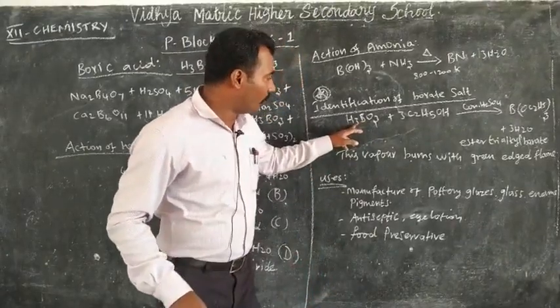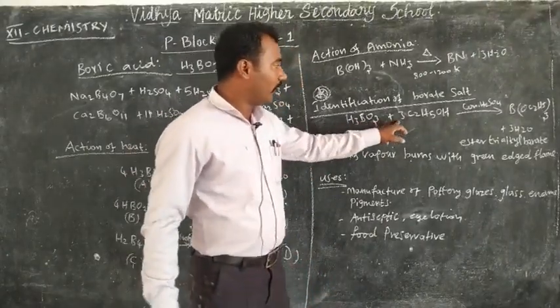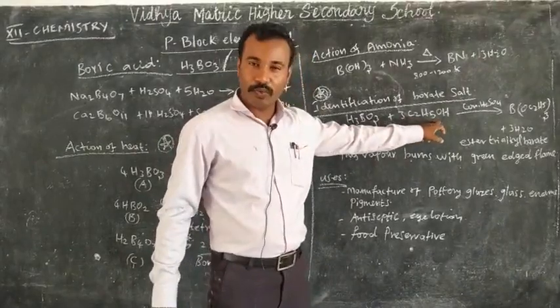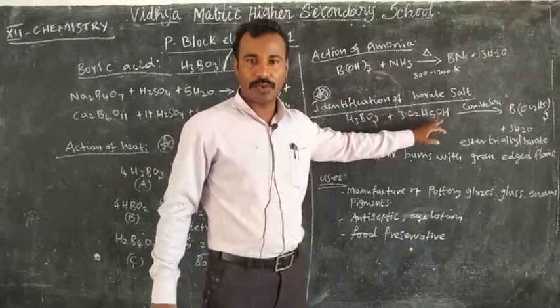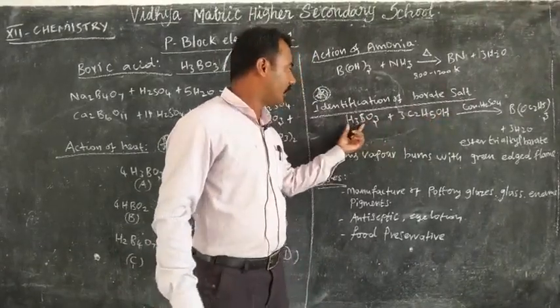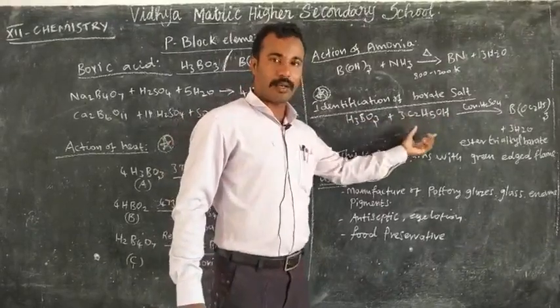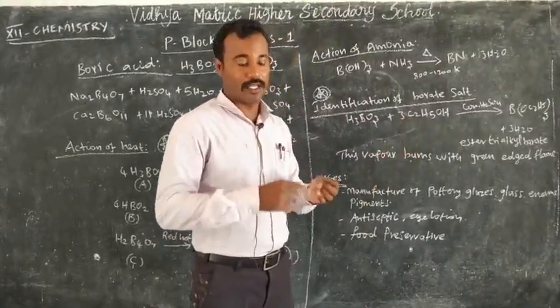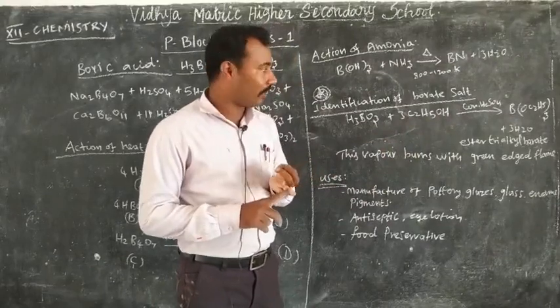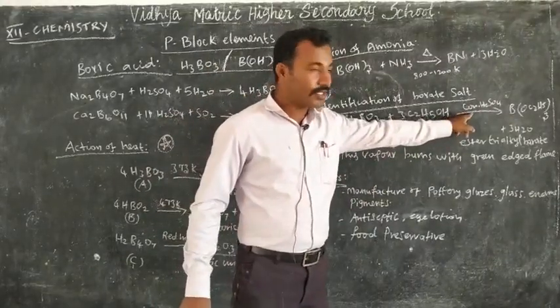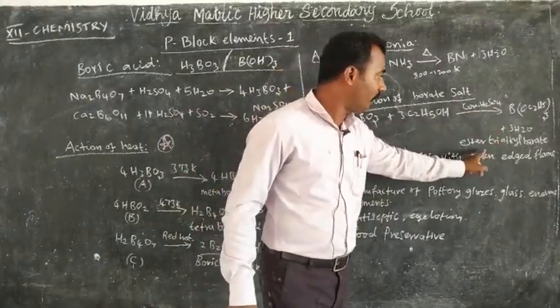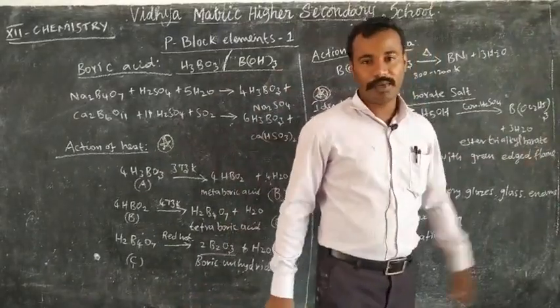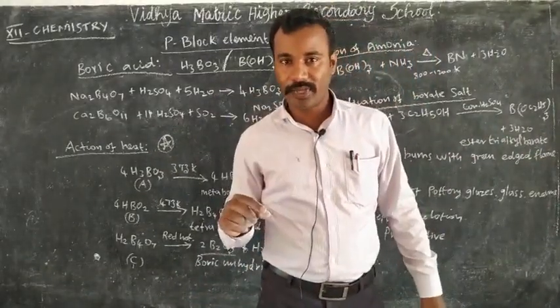Listen, boric acid H3BO3 and C2H5OH, that is ethanol. You have to make the sentence: boric acid reacts with ethanol in the presence of concentrated sulfuric acid to form ester trialkyl borate.